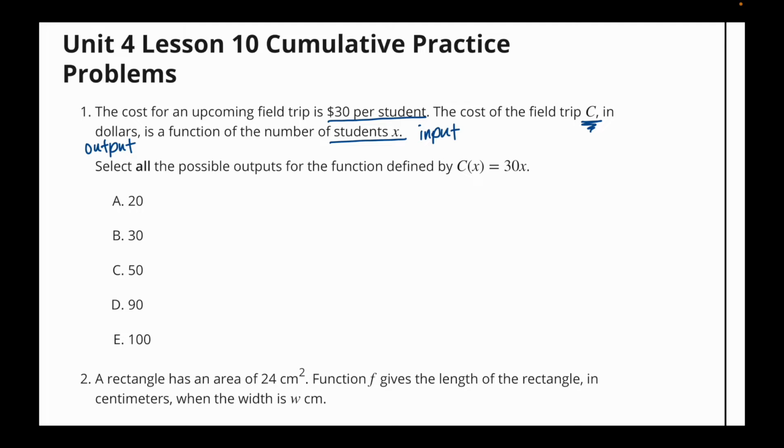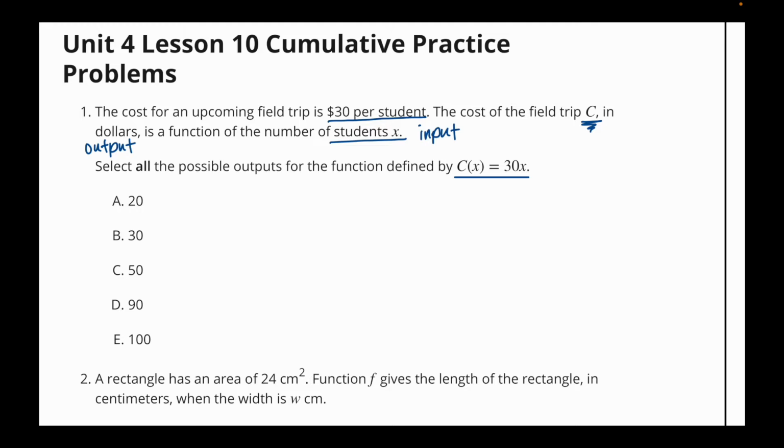So they want us to select all possible outputs defined by this function, and here is our function that we're looking at. So it's 30 times x. So if x is my input and my input is students, I can only use whole numbers for x because I can only have whole numbers of students. Everyone counts as a whole person.